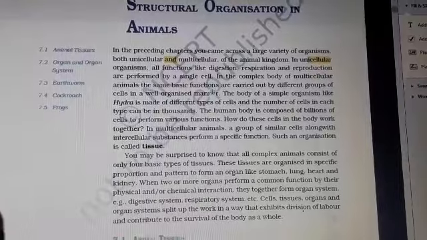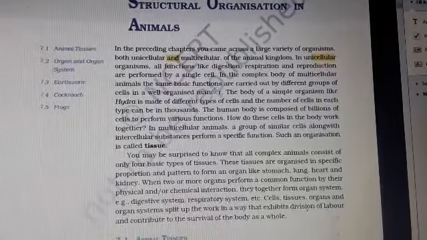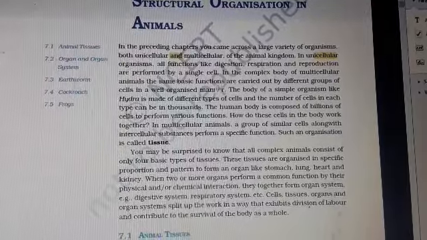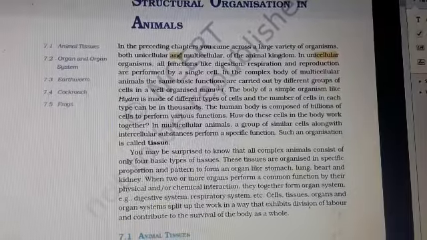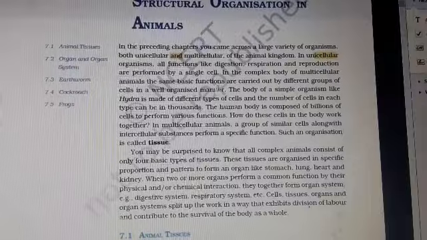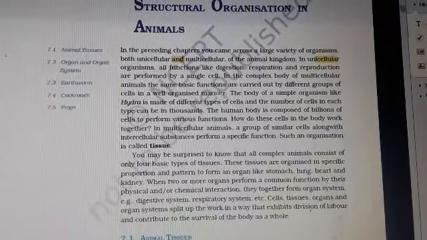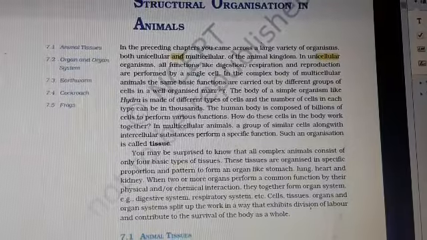You may be surprised to know that all complex animals consist of 4 basic types of tissue. These tissues are organized in specific proportion and pattern to form an organ like the stomach, lung, heart and kidney. When 2 or more organs perform a common function by their physical or chemical interaction, they together form an organ system, like the digestive system or respiratory system.